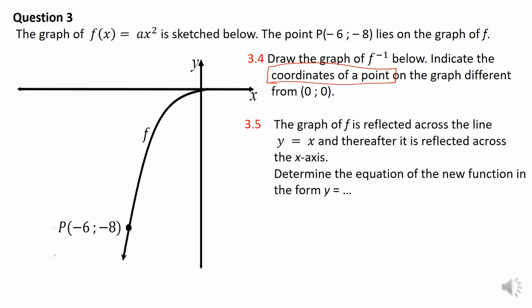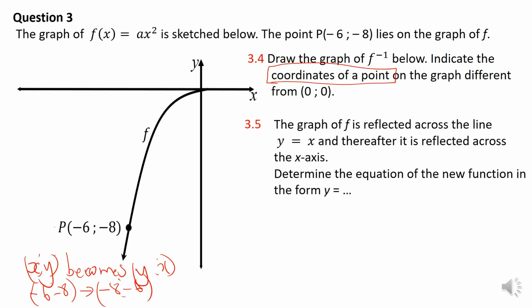So the coordinate x, y becomes y, x to get the inverse, which means the given point P, minus 6, minus 8, will move to minus 8, minus 6, and that is what we need to show on the graph.